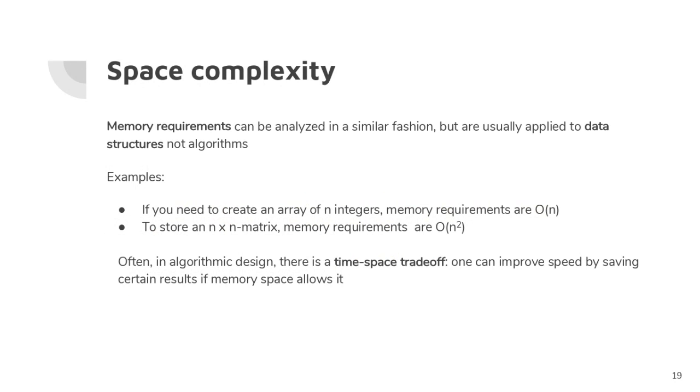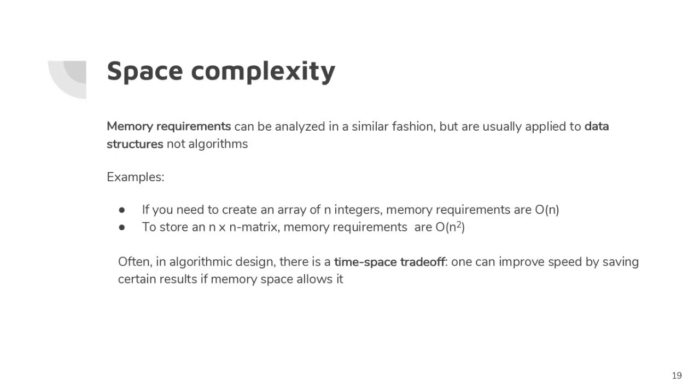So we've talked about runtime until now, but the same can be said for memory. For memory, you can analyze these kinds of t functions in a similar fashion. Usually you apply them to data structures. Each algorithm uses some type of data structure, and you apply the analysis to these data structures.